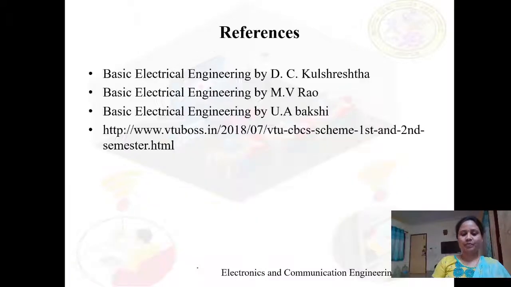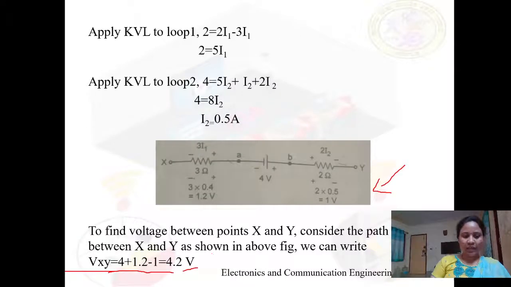I repeat, Vxy is nothing but, here you can see the sign changes, minus plus plus minus, so it is plus 3 into I1, which is 1.2, plus 4, and minus 2 into I2, which is 1 volt. Therefore, on substituting I1 and I2, we will get the value for Vxy as 4.2 volts. That's it. Thank you.